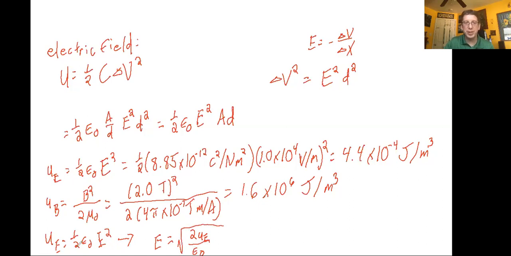Just doing the algebra. You multiply both sides by 2, divide both sides by epsilon naught, and then take the square root, and that'll give you the magnitude of the electric field. So let's figure all this out.